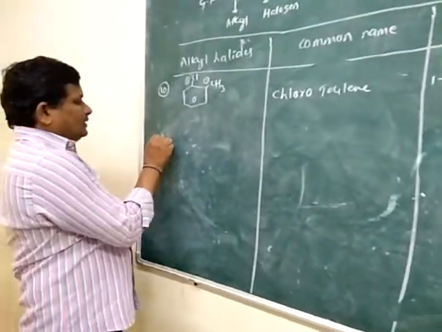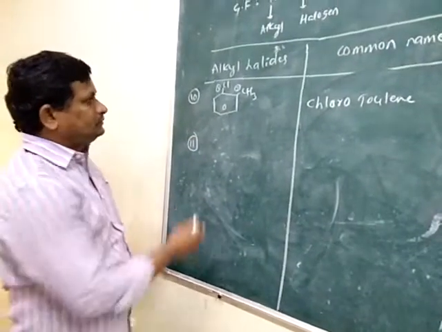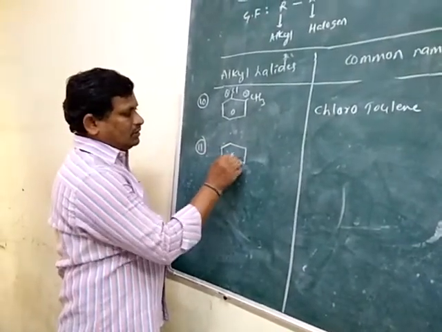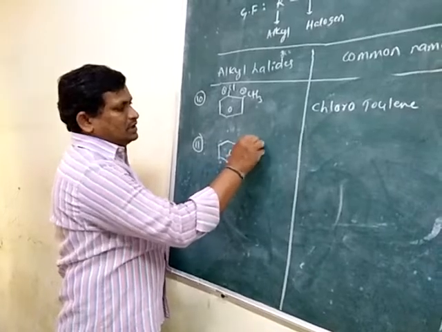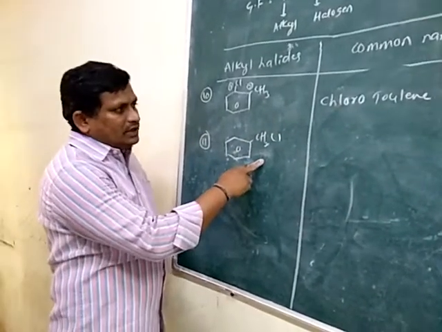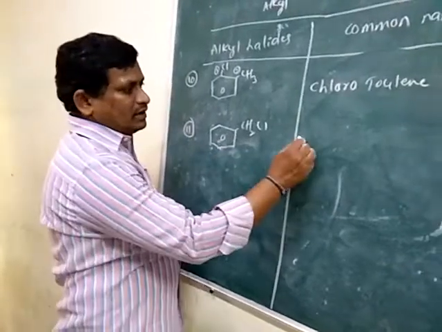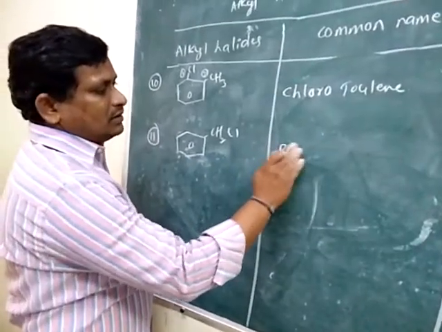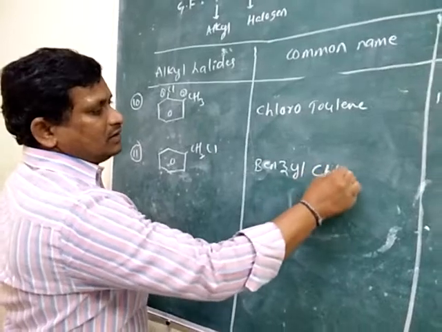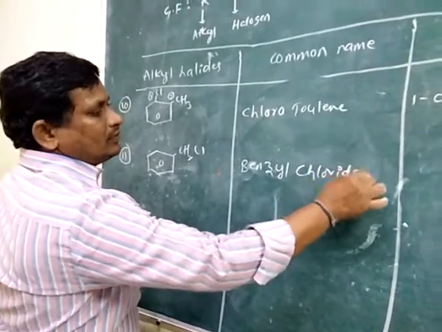Then the 11th compound is benzene with CH2Cl. So it is benzyl chloride. The common name is benzyl chloride.